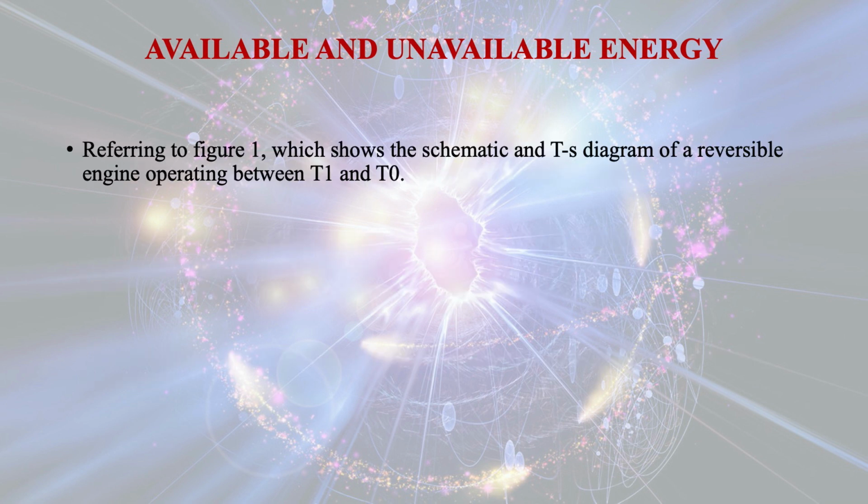Referring to figure 1, which shows the schematic and TS diagram of a reversible engine operating between T1 and T0. Here the maximum temperature is T1, that is the temperature of the high temperature source, and Q1 is the heat received from the high temperature source by the reversible engine, and W max is the maximum work possible by the reversible heat engine.